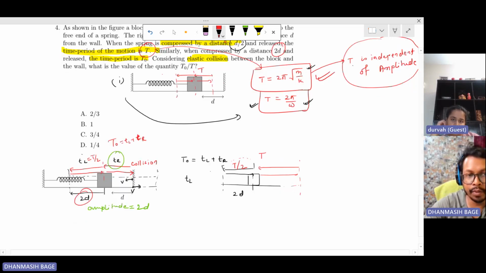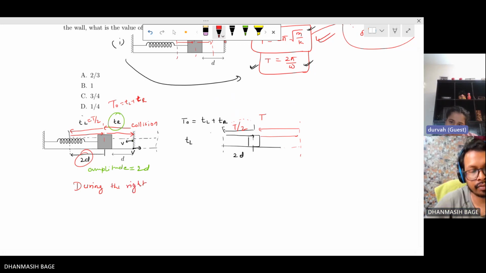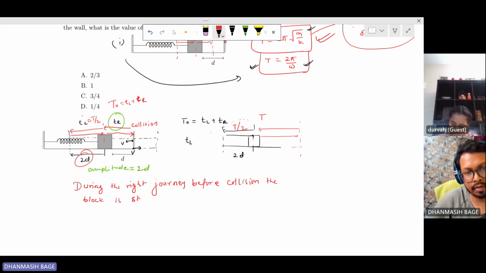But during this right journey, before collision, the block is still executing simple harmonic motion.